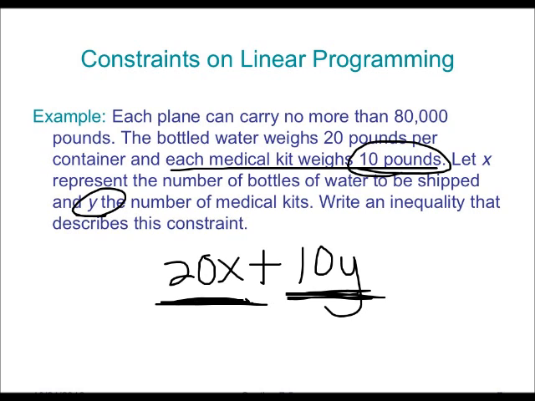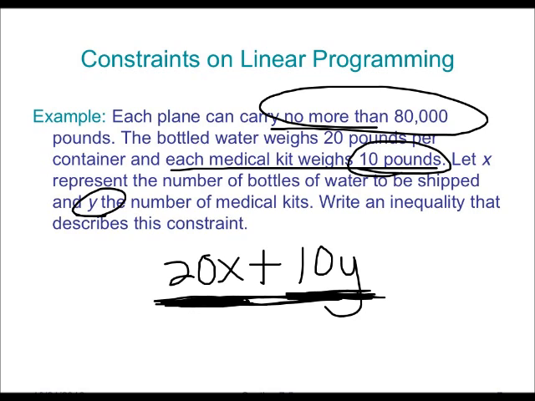So if I have all the medical kits and all the bottled water together, that will be the weight of the supplies. Remember that the plane can only carry up to 80,000 pounds. So can it equal 80,000? Yes. Can it be less than 80,000? Sure.